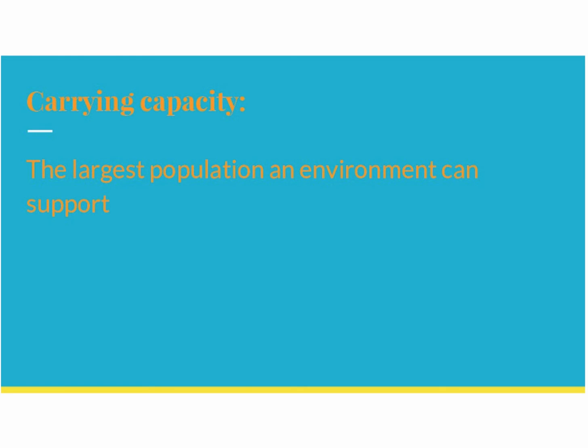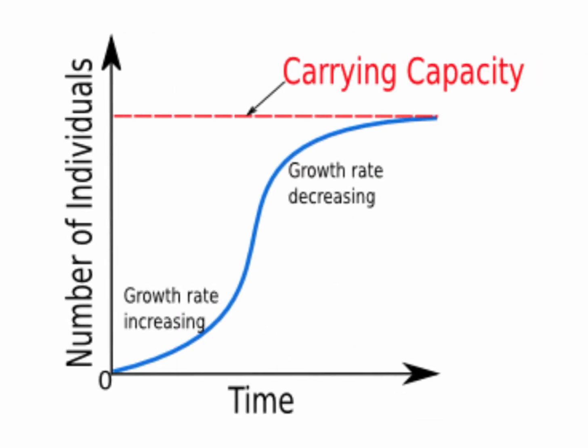Carrying capacity is the largest population that an environment can support. So maybe if the population is growing, it can only hit a certain point before it runs out of food or water or shelter for that population, and they will level out at a certain point. This is a carrying capacity graph.